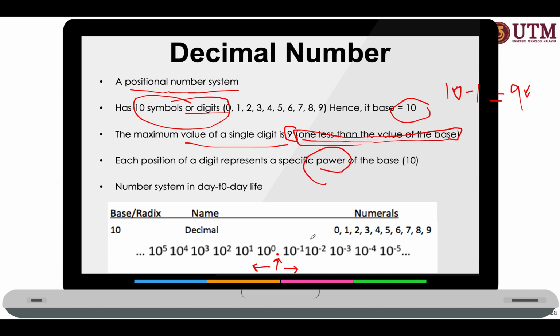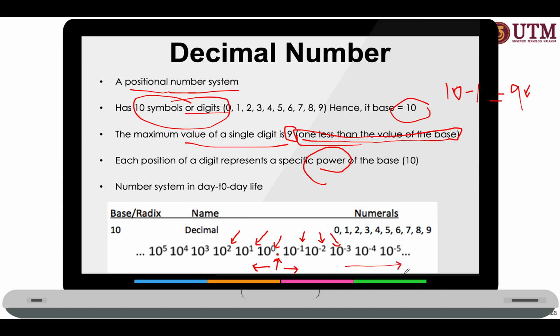For the left, first we have 10 to the power of 0, 10 to the power of 1, 10 to the power of 2, 3 until 5, and so on. And over here we have 10 to the power of negative 1, 10 to the power of negative 2, and 10 to the power of negative 3 until n.